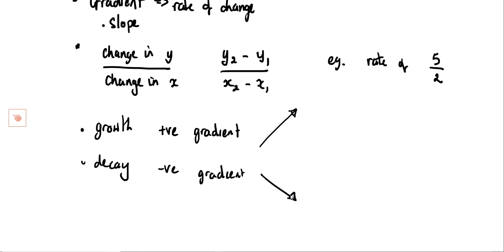Okay? We always go left to right, small to large on the x, and then we work out whether we go up or down in the y values. Jelena? What does it say after growth and decay? Positive, negative, shorthand.